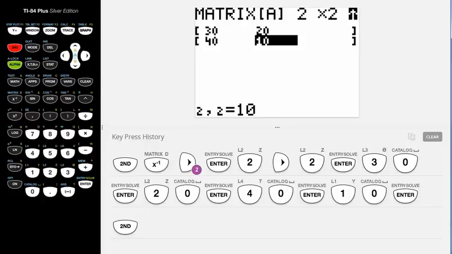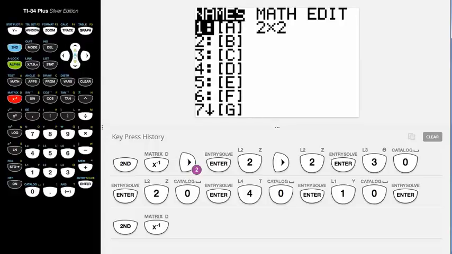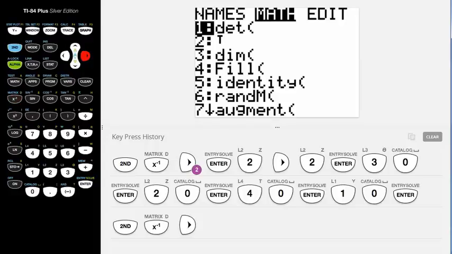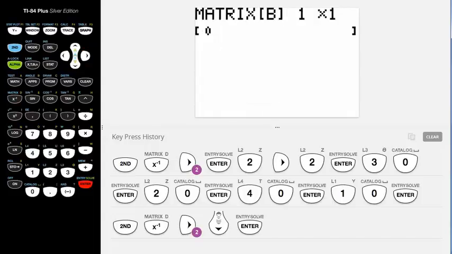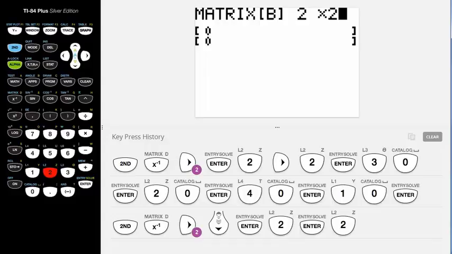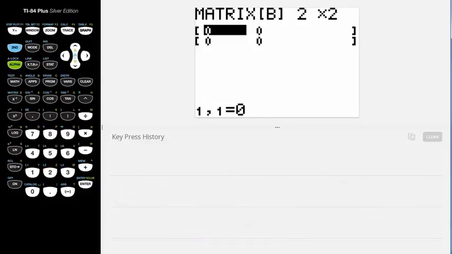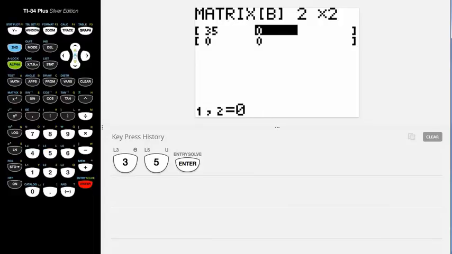I'm going to type second, matrix again, go over to Edit, down to B, Enter, and this is going to be the expected frequencies. So it is a 2 by 2 matrix, Enter. Lowercase a, capital A is 35. Enter.